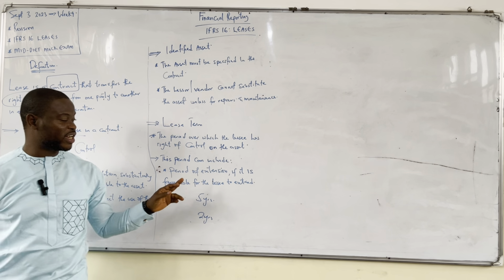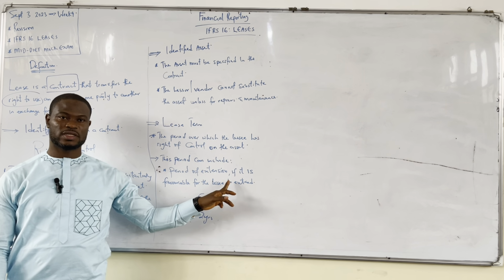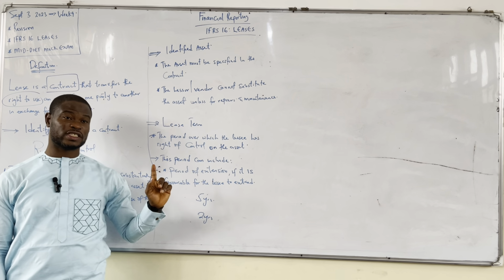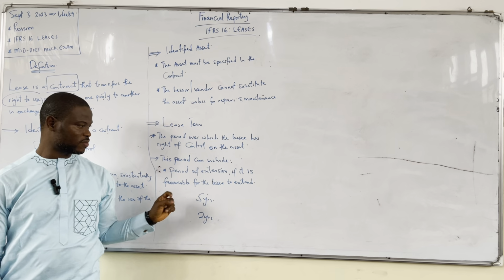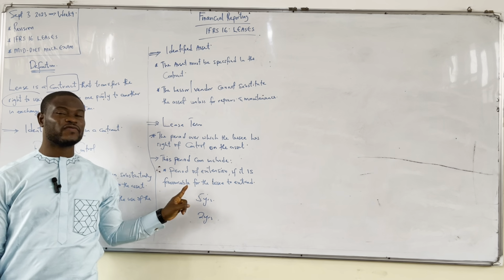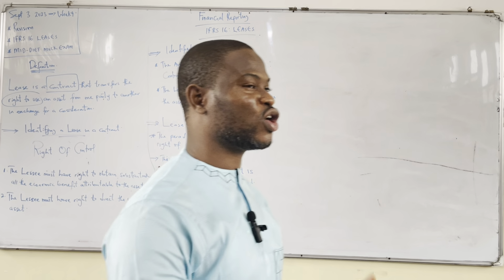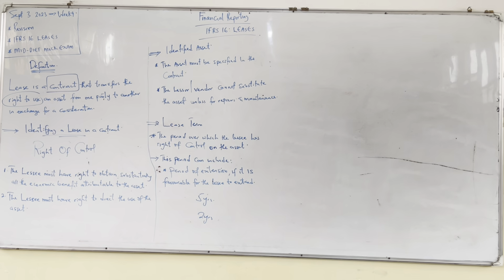There's already a condition here: this lease term is only going to include the period of extension if it is favorable for the lessee to extend. So how would you know when it is favorable? In most questions, they will tell you.